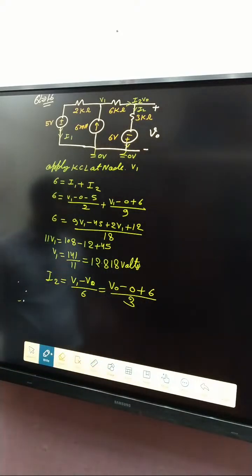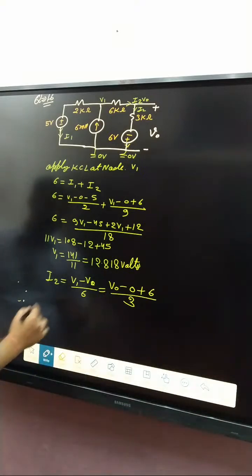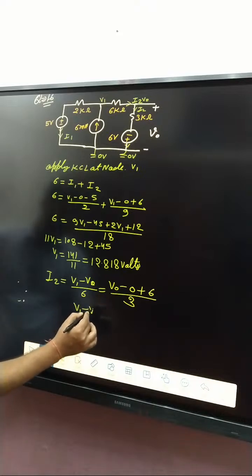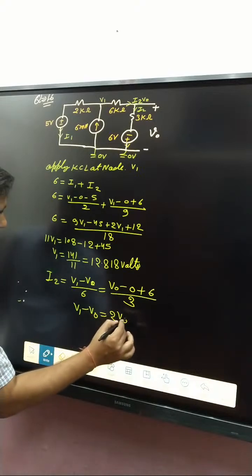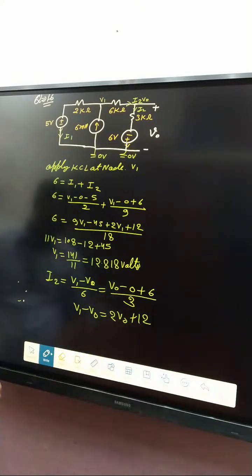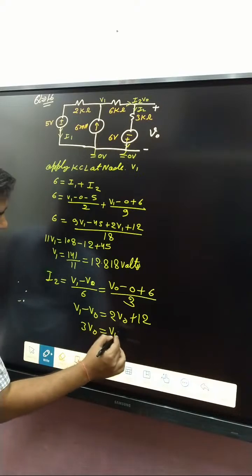After that, V1 minus V0 equals 6 going on here, and 6 by 3 is 2, so 2 V0 plus 12. Our target is V0. So 3 times V0 equals V1 minus 12.